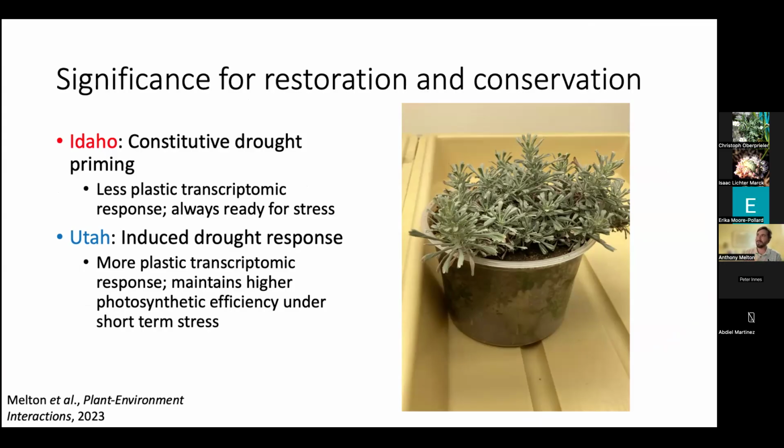It's evolved to kind of expect that long drought stress through the summer, while Utah is much more plastic in its response, and it'll maintain a higher photosynthetic efficiency under a short-term drought stress because it's expecting to get that relief from the North American monsoon much sooner than the Idaho population would be receiving its precipitation to break that drought stress. And so this was looking at transcriptomic responses.